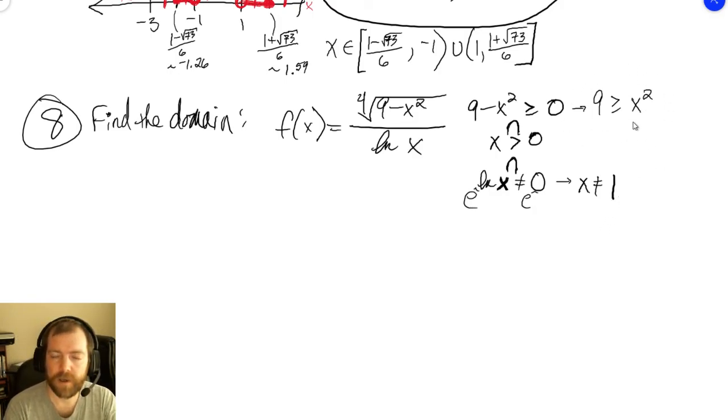Here, you could, again, take the square root of both sides. This is going to be the absolute value of x must be less than or equal to the square root of 9 is 3.